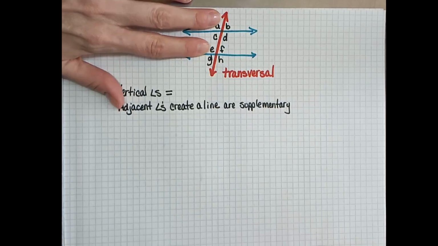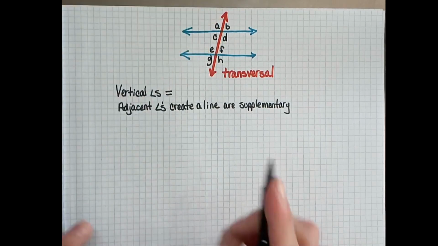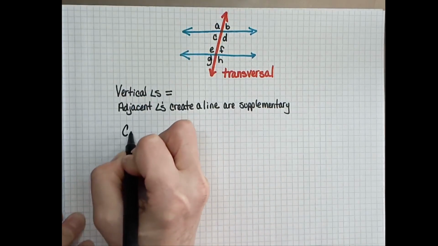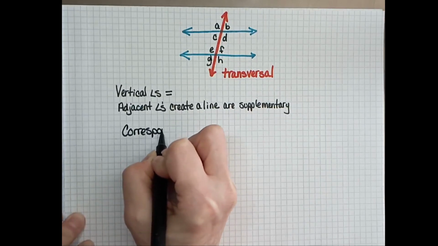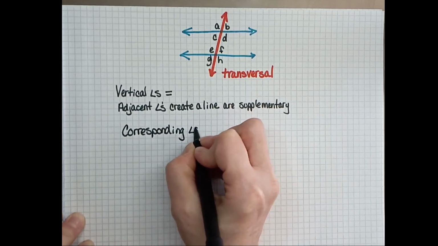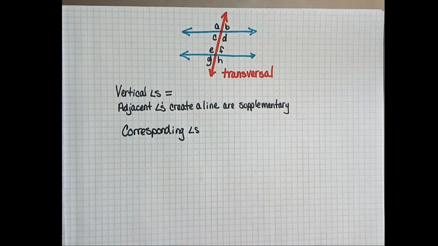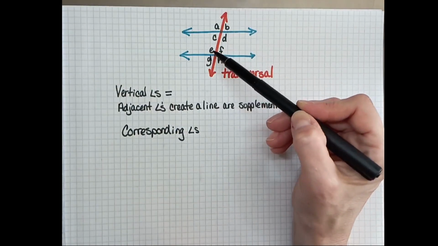So they are both in the upper left portion of the blue line and on the same side of the transversal. We call those corresponding angles. That means that they correspond to the same location with each other. So A and E are corresponding angles.